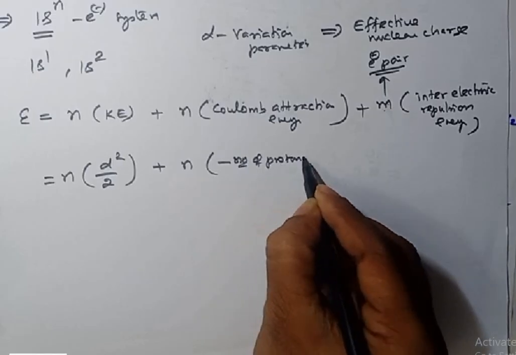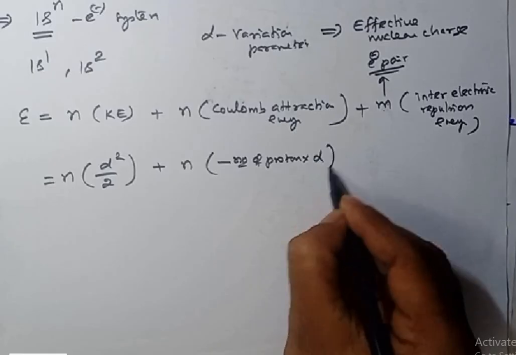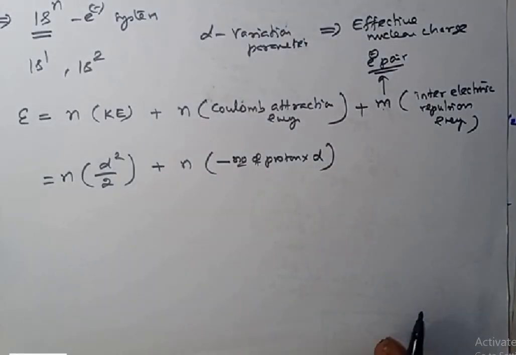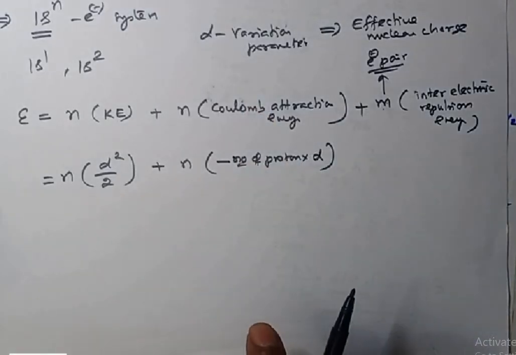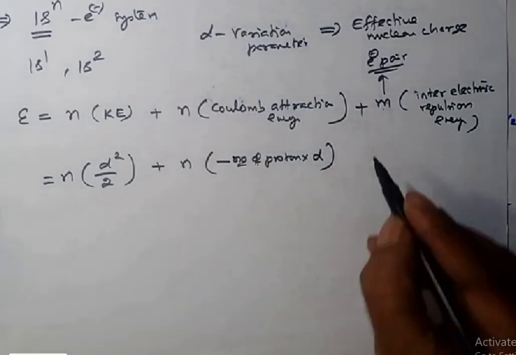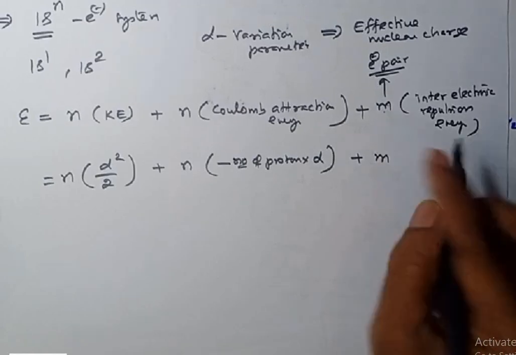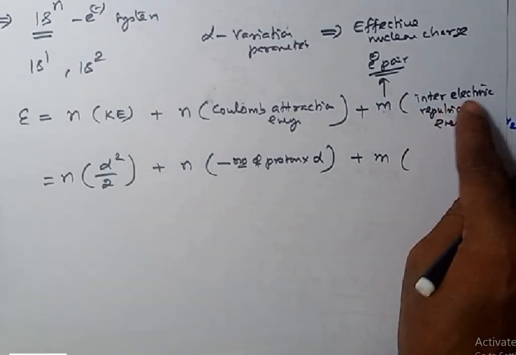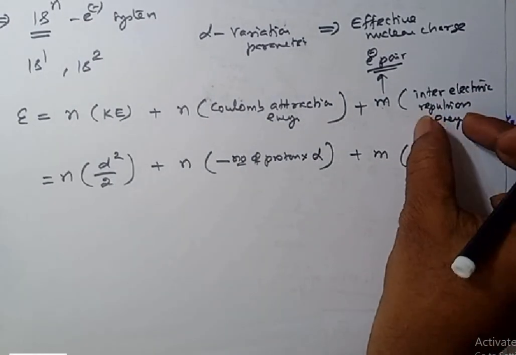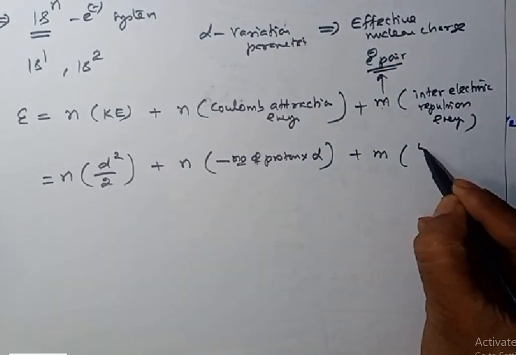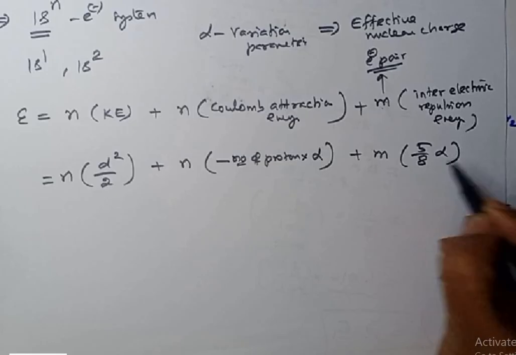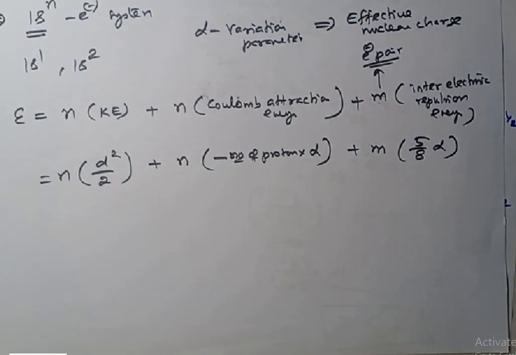Okay, take it. This is the Coulombic attraction energy, which is actually negative. Plus the electron pairs into the inter-electronic repulsion. The repulsion energy between one pair is 5 by 8 into alpha. Okay, take this.